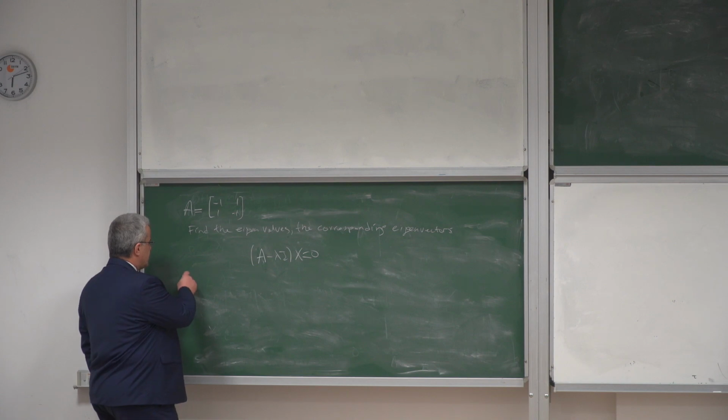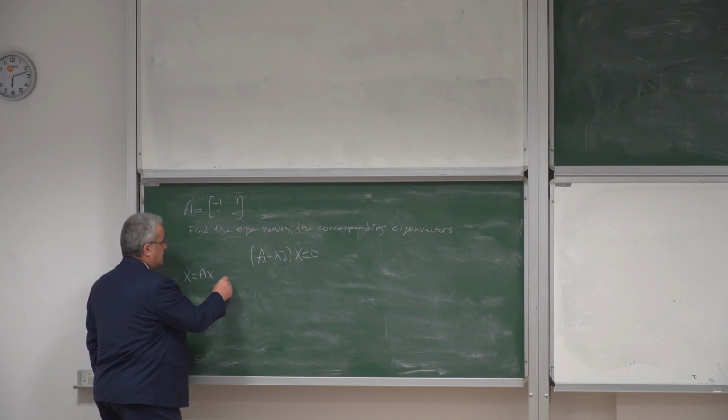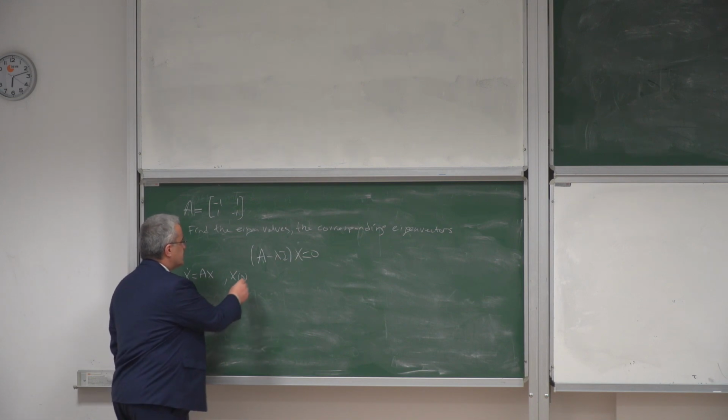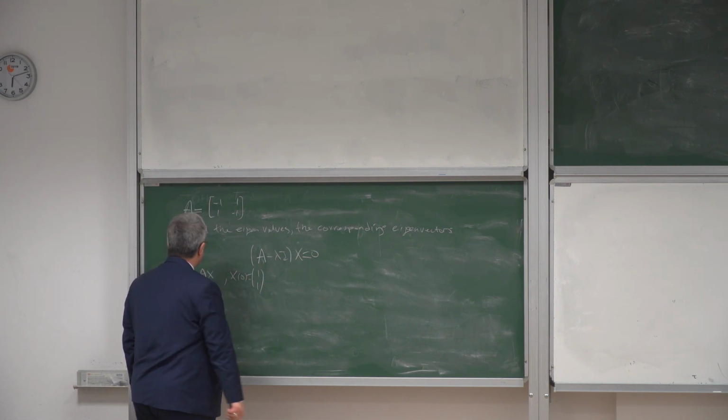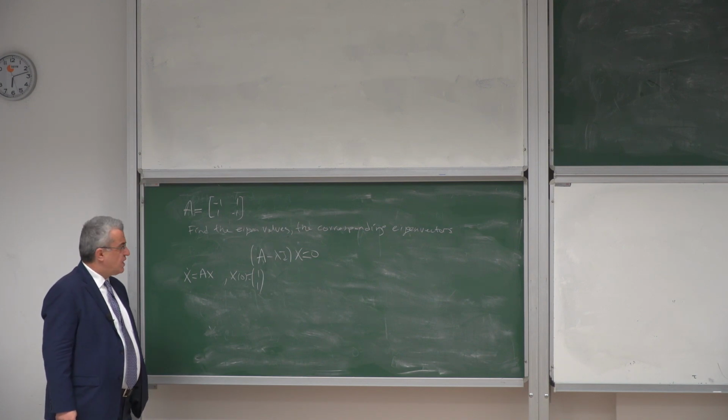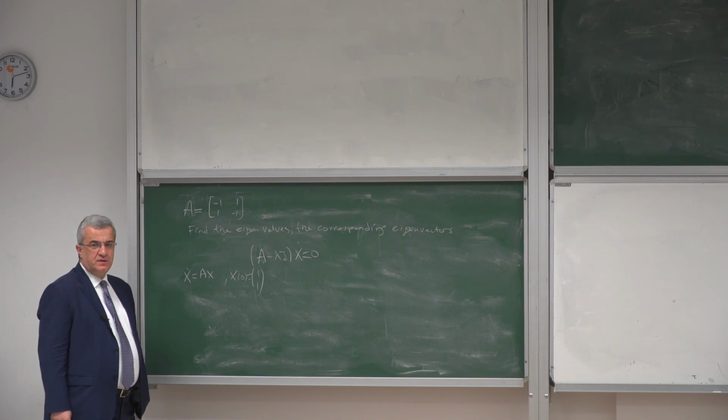Then we will say find the solution of this system of linear differential equations where x0 is given, let's say, as 1, 1. So how do we find this? What should I do? How do I go about this?